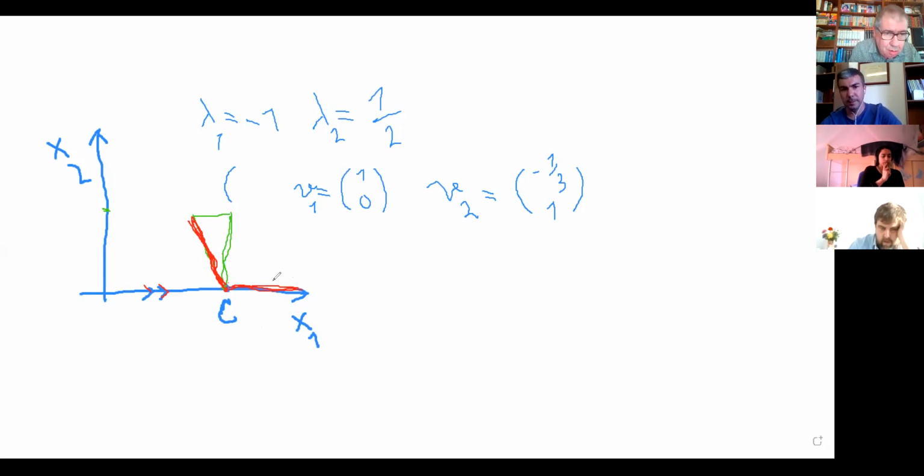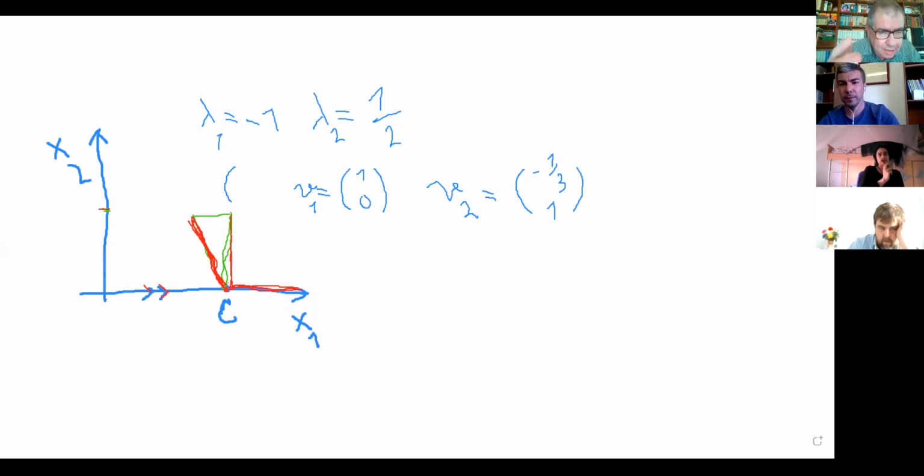Plot a straight line in this direction, not in red. Why are you plotting that? You said a straight line, that's why I'm plotting that one. Let's think a little bit.